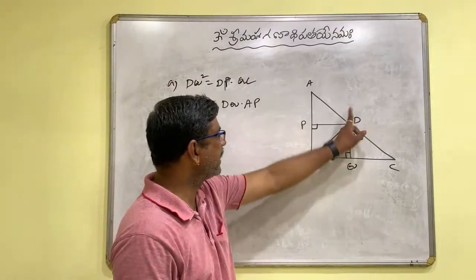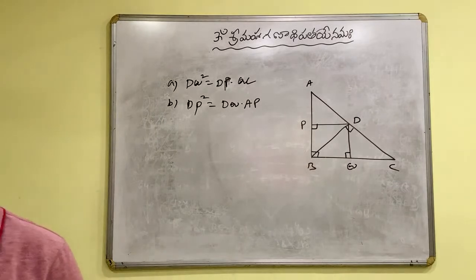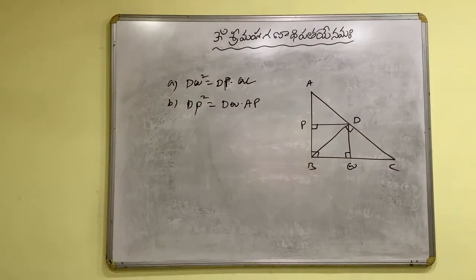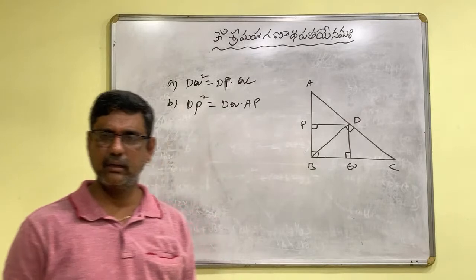What is BQDP? Anyone? BQDP. First, square. How, Charlie?